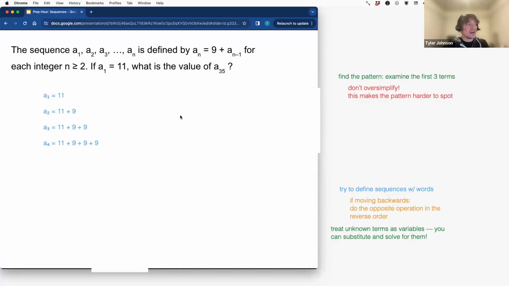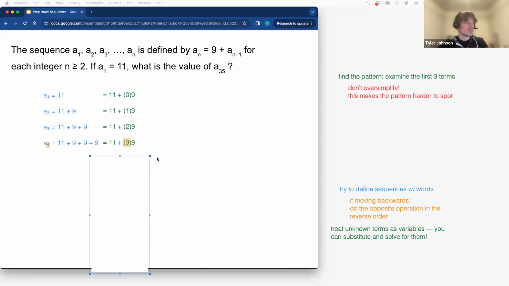To make it a little clearer, I might rewrite the arithmetic like this to see that the pattern is whatever my term number is, I have 11 plus one fewer of that term number times 9. Or written as a sequence, the current term equals 11 plus the term number of the previous term times 9.